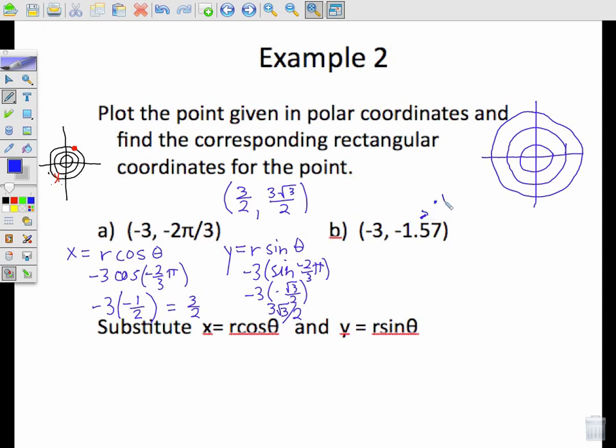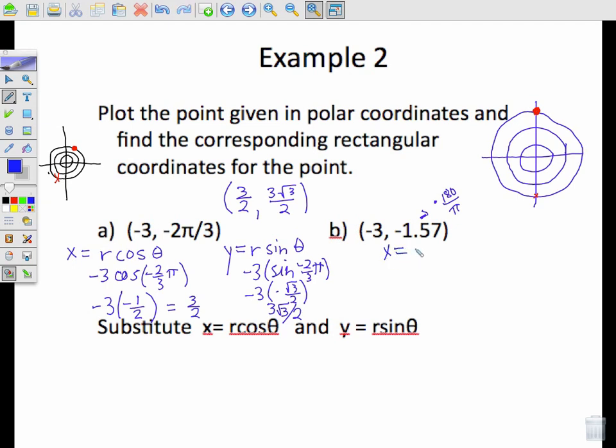If you want to convert it back to degrees to have a better idea, you can multiply it by 180 over pi, and you'd get 90. So we know that we're at 90 as an angle, but it's a negative angle. So this is the reference point for negative 1.57, but since 3 is negative, we reflect it, and so here's where we're located. Right there. That's the actual point.